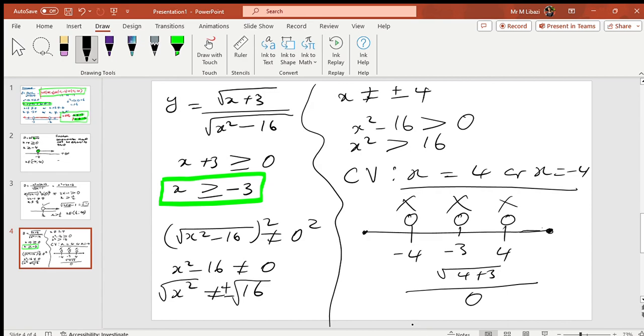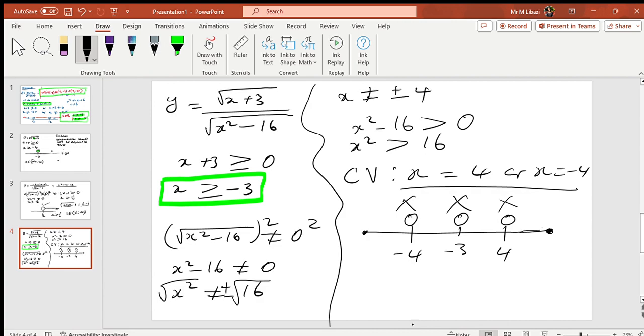Division by 0 is undefined. Negative 4 was not accepted in the numerator, but it was accepted in the denominator. Now positive 4 is not accepted in the denominator. That is the importance of substituting into the initial equation. So all these numbers are not accepted.